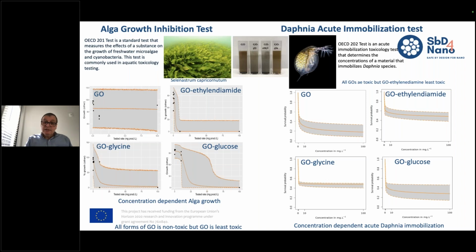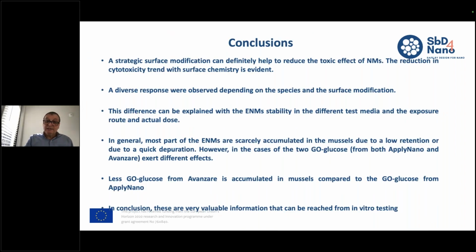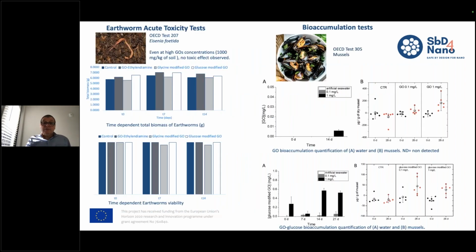Then also other tests, the earthworm acute toxicity test and the bioaccumulation tests. The results here are interesting because the surface modification causes some effect, sometimes generating more toxic materials, sometimes generating less toxic materials.